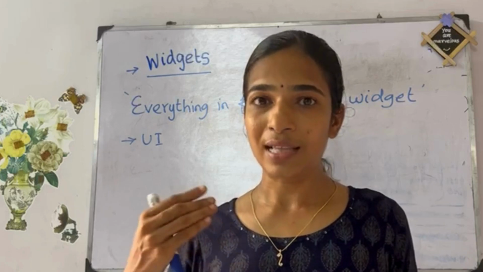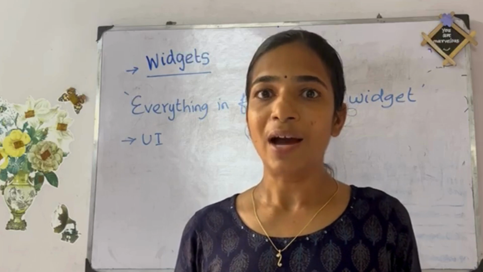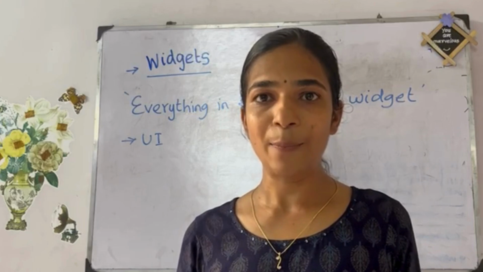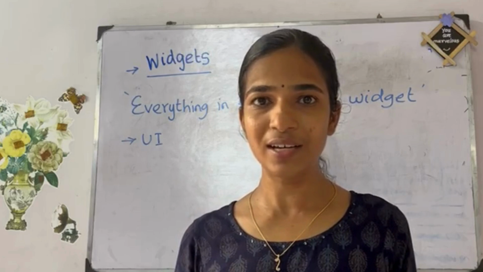Likewise, if you are a mobile app developer, you have to come up with some user interface for your app. Only then can the user interact with your app. Is this clear?